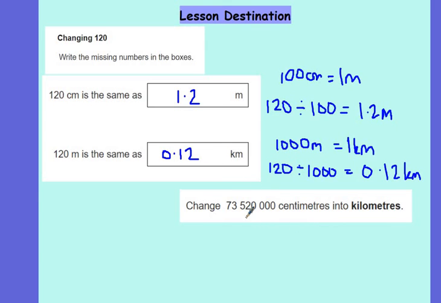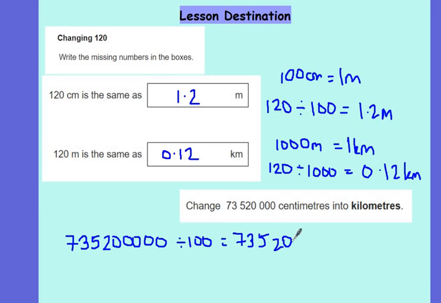The last question was a bit trickier. I asked you to convert this into kilometres. The first thing I'm going to do is convert it into metres. So 73,520,000 centimetres divided by 100 tells me there's 73,520 metres, and then to convert that into kilometres we need to divide it by 1,000, because there's 1,000 metres in a kilometre.